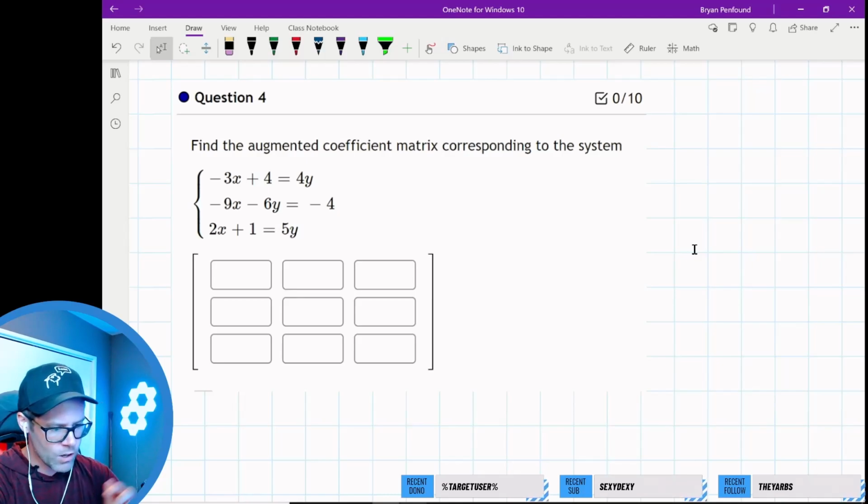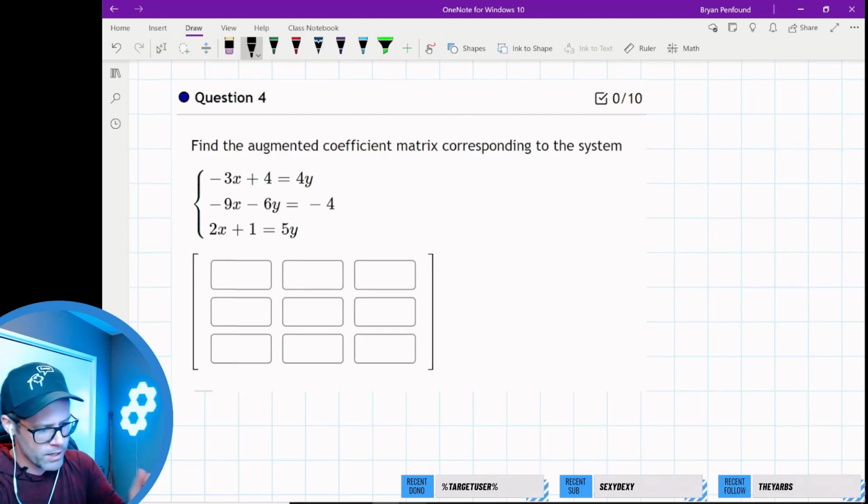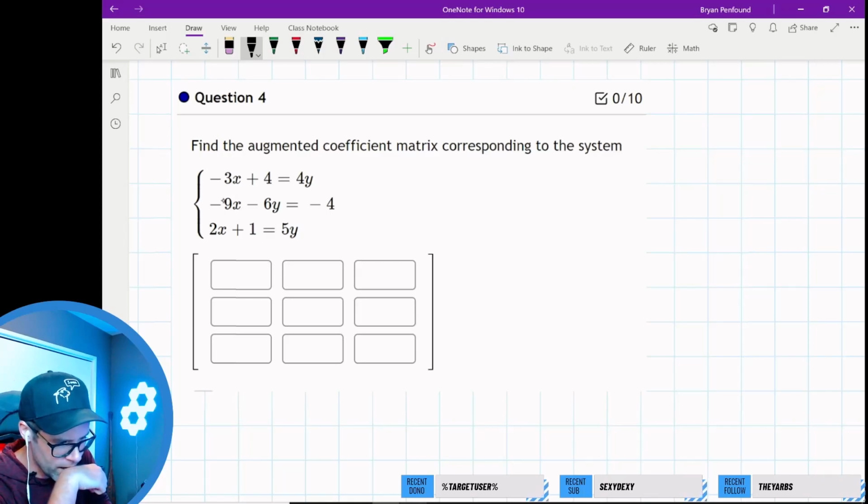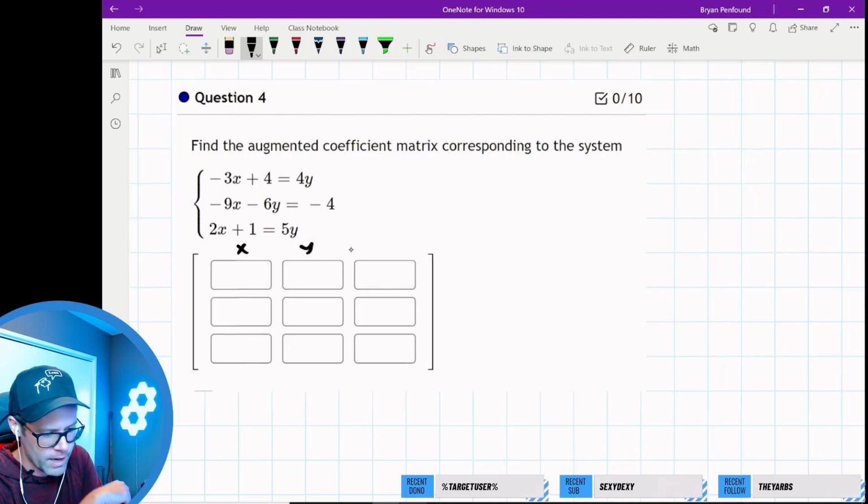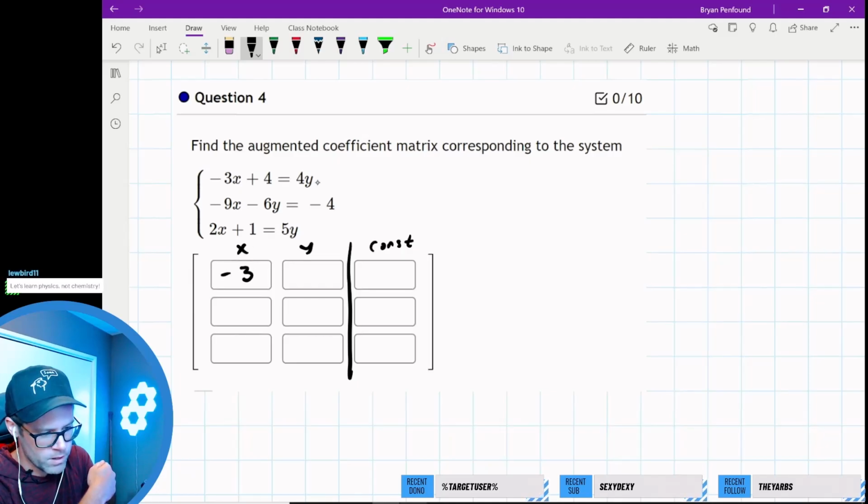Find the augmented coefficient matrix of the corresponding system. Oh, this is nice. Oh, they've done awful things to us. How dare they? So if we agree that we want x's, y's, and then the constants, then the first equation, we can keep the negative 3x, but this 4y is going to have to come over to become negative 4y.